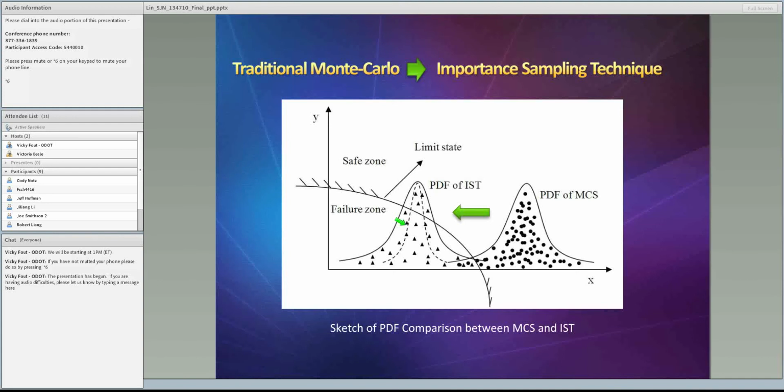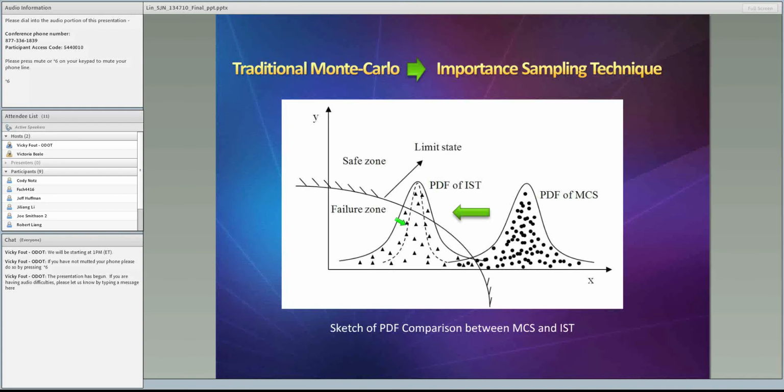So for calculating the probability of failure, this part we already know, using Monte-Carlo simulation. The most important thing is how we calculate the ratio between f(x) over the importance function. So the performance function is here.